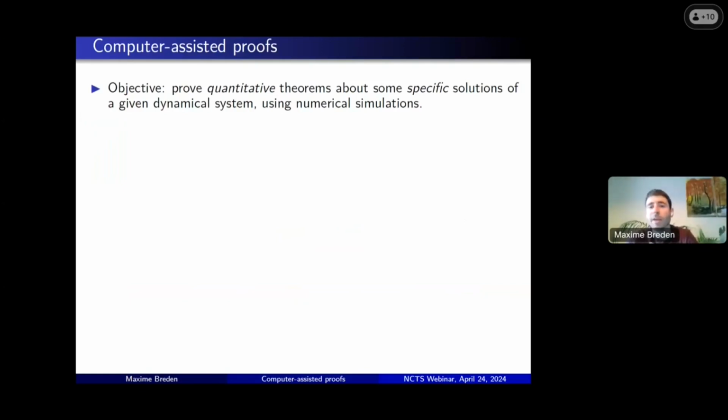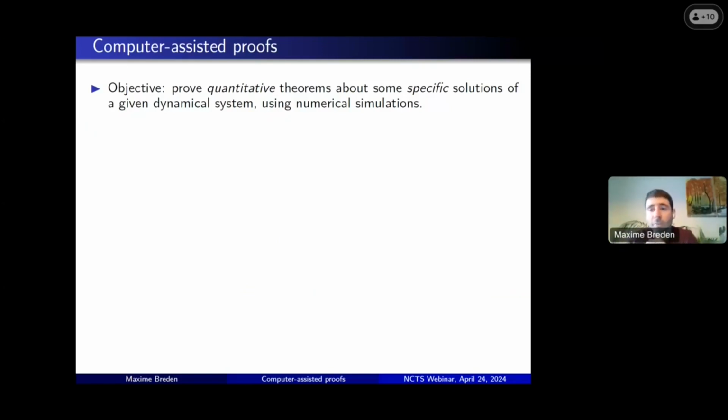What I mean by quantitative is that I'm not only interested in the existence of a solution. Sometimes existence is already very hard and very interesting, but sometimes I would also like to know more precisely what the solution looks like, what kind of properties it has.